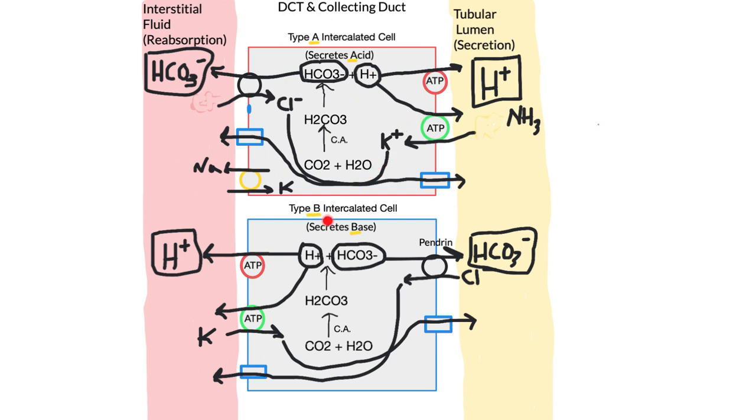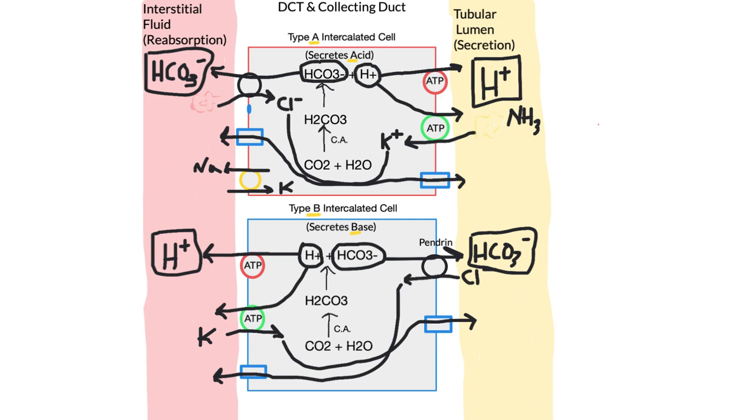In our type B cell, we're in a state of alkalosis, meaning our blood pH was too high. So to combat that, we reabsorbed hydrogen, which will lower our blood pH, and we're going to secrete bicarbonate.